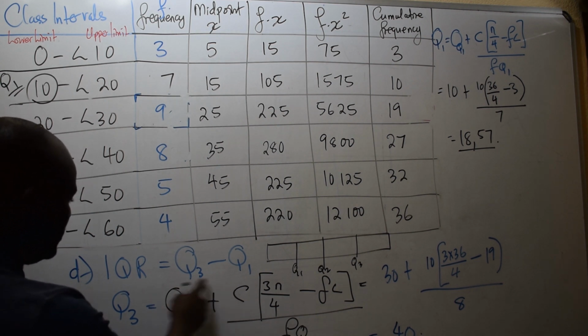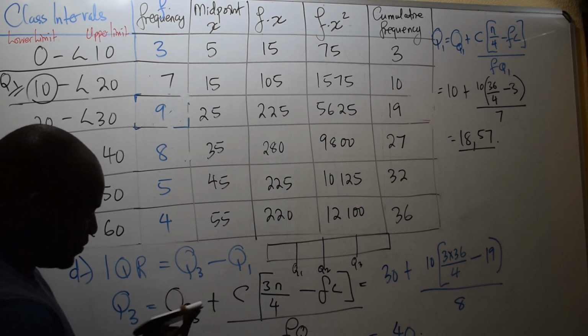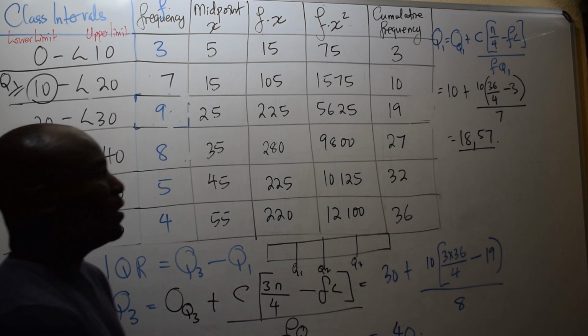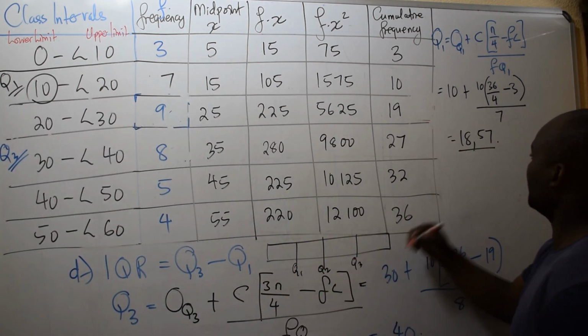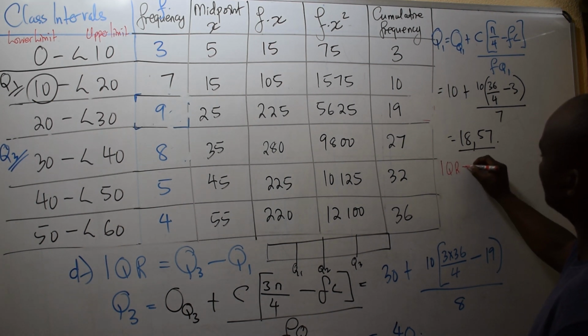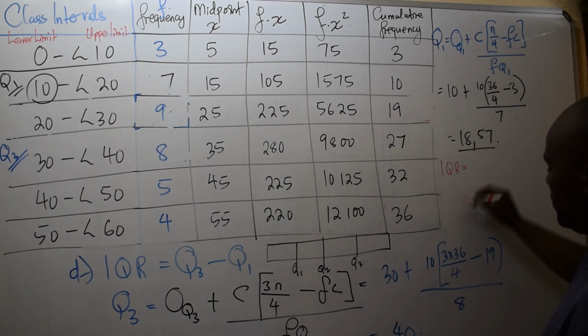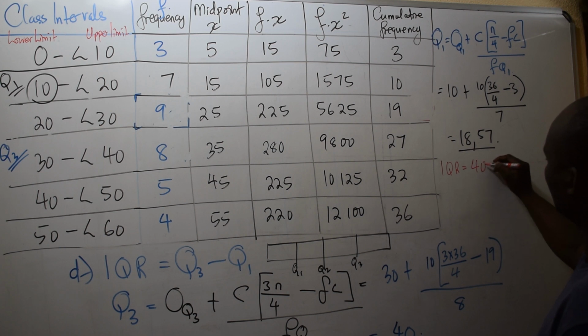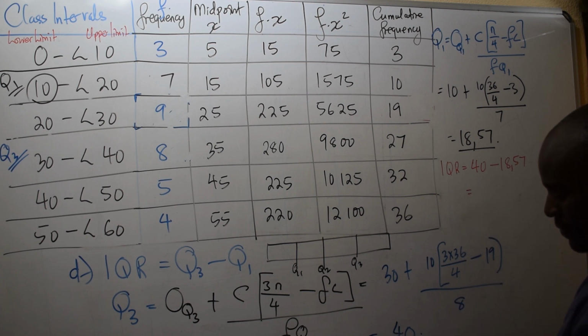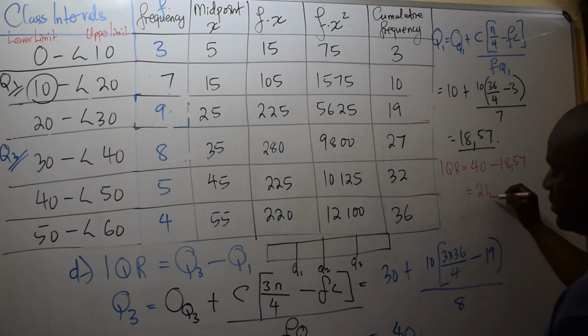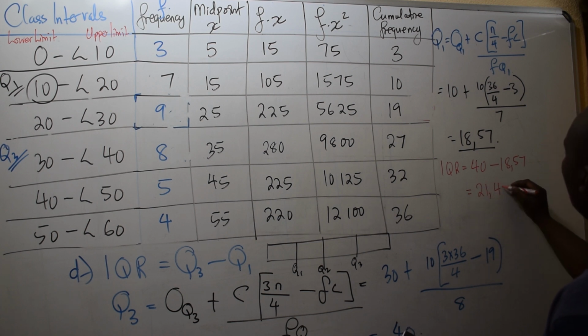So essentially we can now substitute into what we called our Q3. IQR is equals to your Q3, which is 40, take away the 18.57, so this is equals to 21.43 minutes.